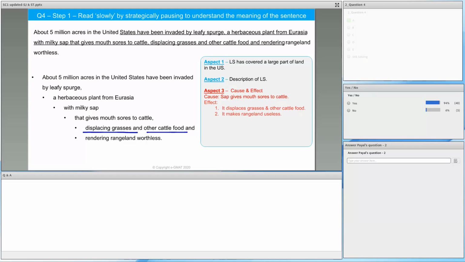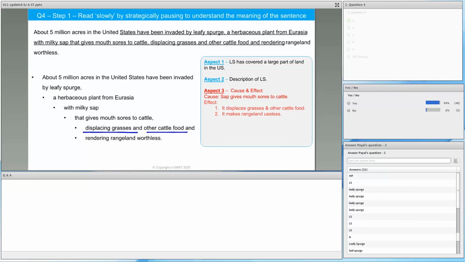If you think about this point logically, what is the entity in the sentence that can displace? I'm sure all of you understand the meaning of the word displace, right? So what can logically displace grasses and other cattle food? The answer is leafy spurge.